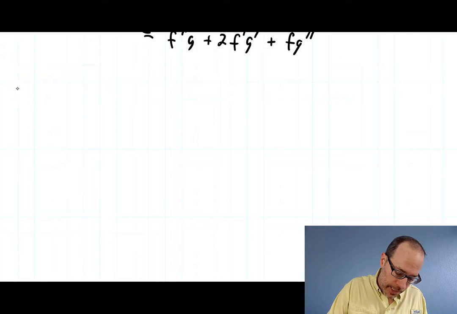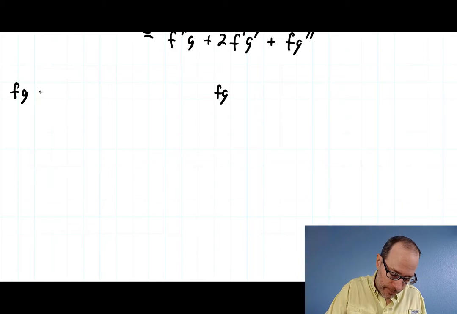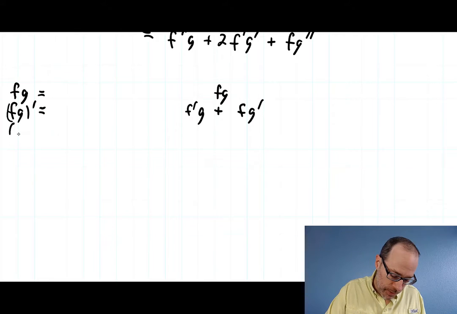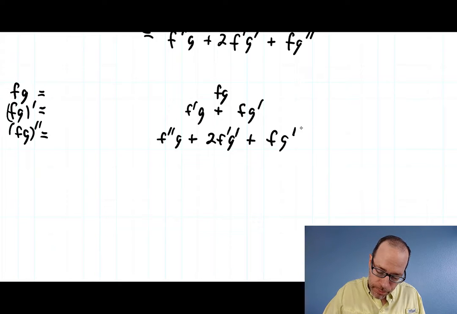I'll just tell you the answer here. No derivatives is f g. If you've got one derivative, the product rule was f prime g plus f g prime. 2 derivatives was f double prime g plus 2 f prime g prime plus f g double prime.